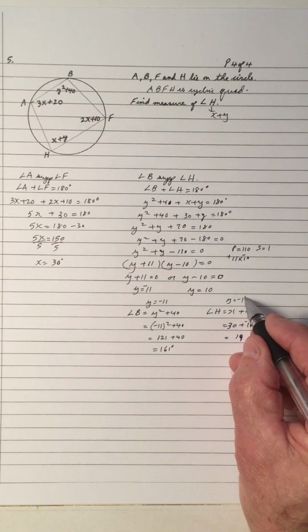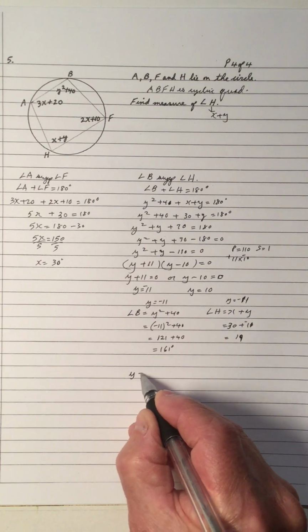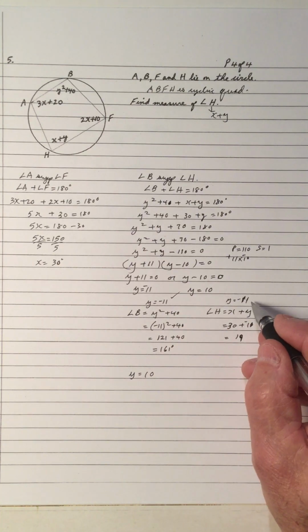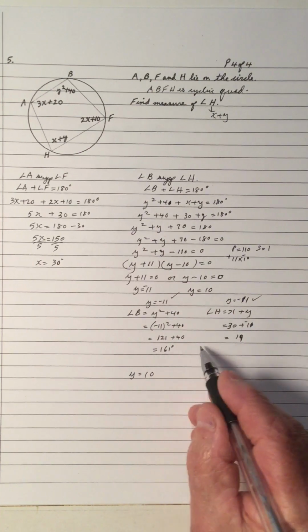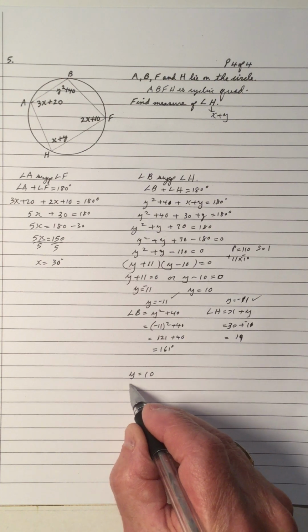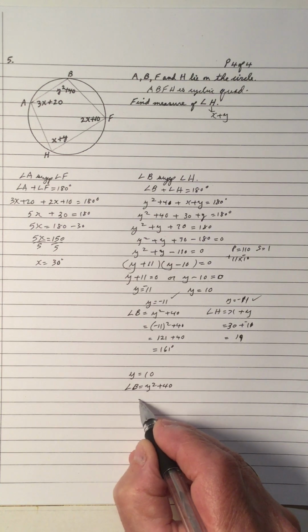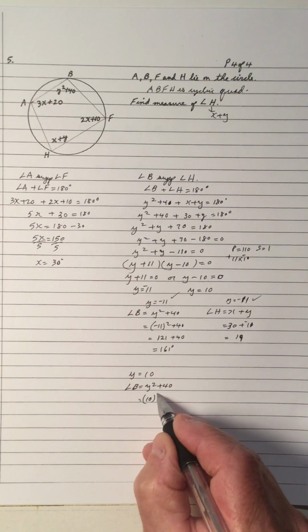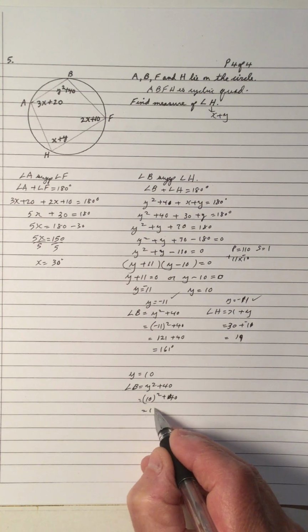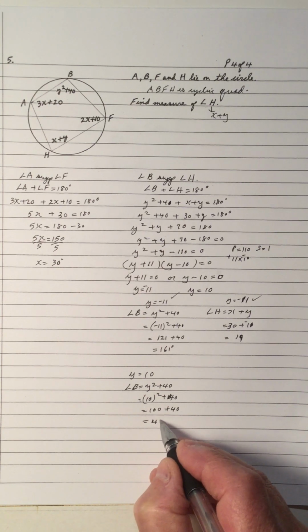Well, what about if y is 10? The negative 11 worked there, and the negative 11 worked there, so the two of them add up, supplementary. What about when y is 10? Angle B is y squared plus 40, so we have 10 squared plus 40. We have 100 plus 40, which is 140.